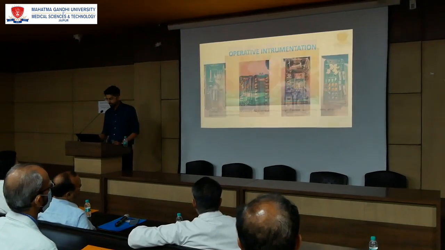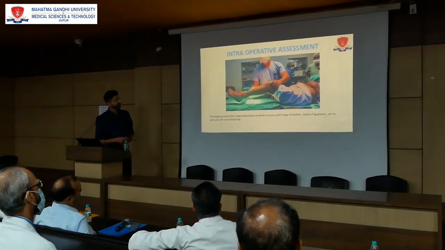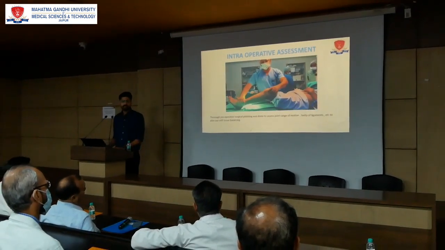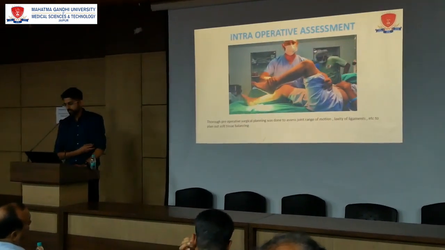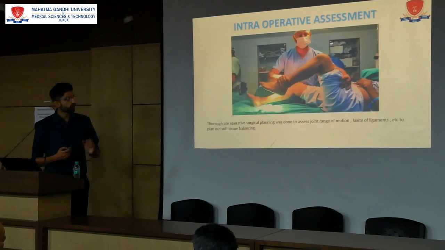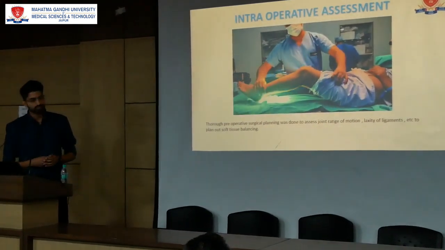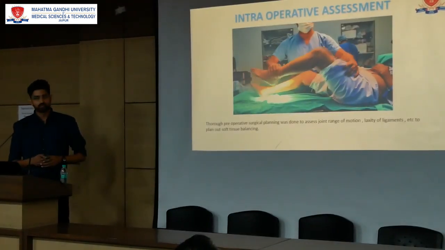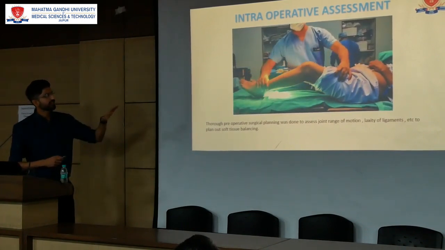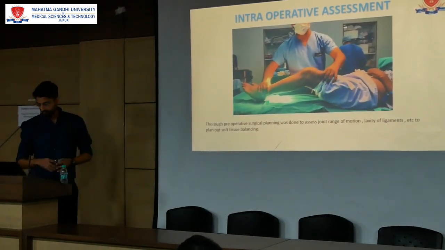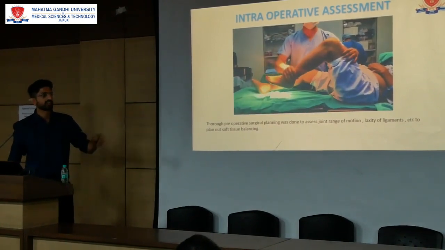So intraoperatively, total knee replacement is all about soft tissue balancing and alignment. So after epidural anesthesia, thorough preoperative planning was done to assess joint range of motion, laxity of ligaments, etc., to plan out soft tissue balancing. So as we can see, after the epidural anesthesia, the patient still has a flexion deformity which is not correctable.